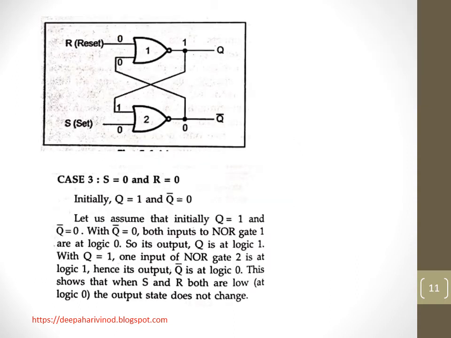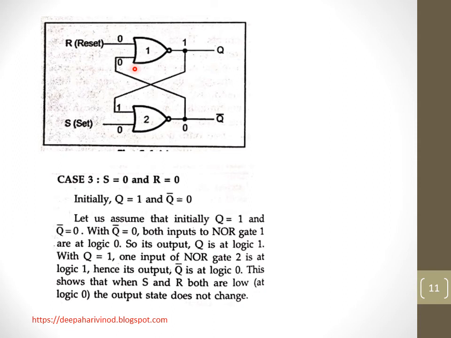Now next case, here we can see that S equal to 0 and R equal to 0. Both S and R are given as 0. So whatever may be the previous output, it will retain the same. Let us assume initially Q equal to 1. So here Q equal to 1 is assumed and Q bar is 0. With Q bar as 0, both inputs to the NOR become logic 0.